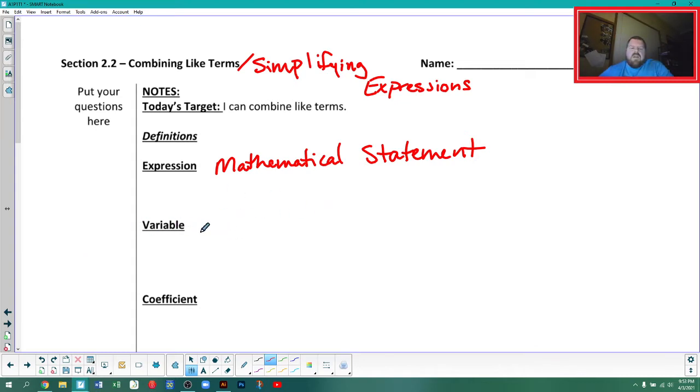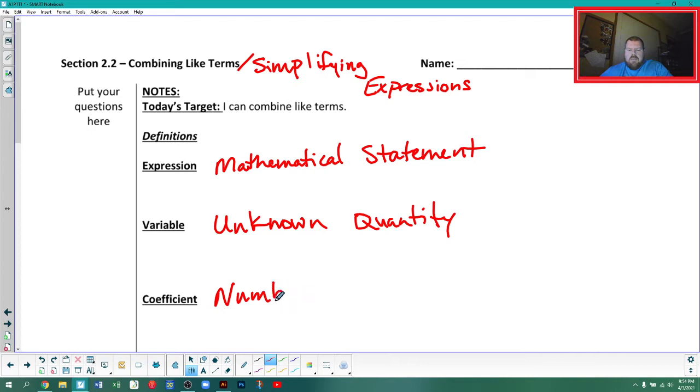The next definition that we have is a variable, and this is just an unknown quantity. And then a coefficient is a number multiplied by a variable.